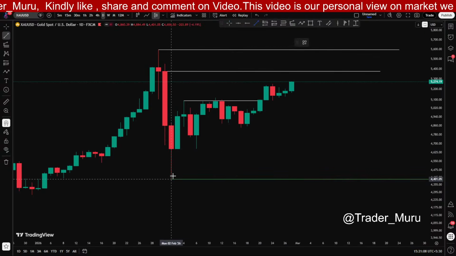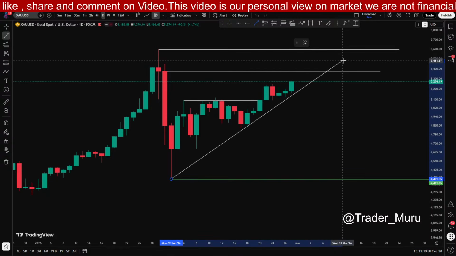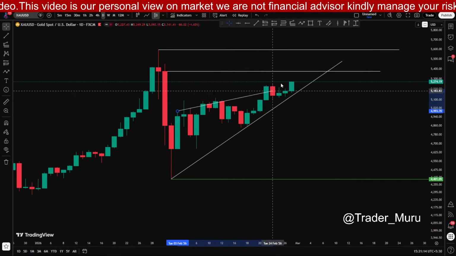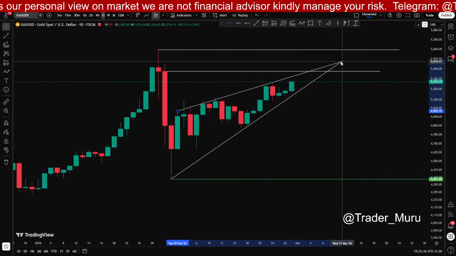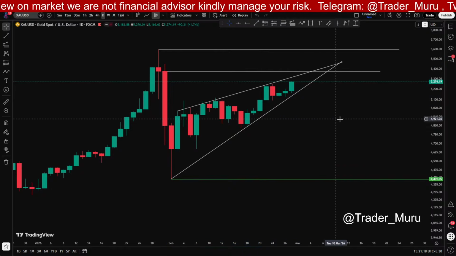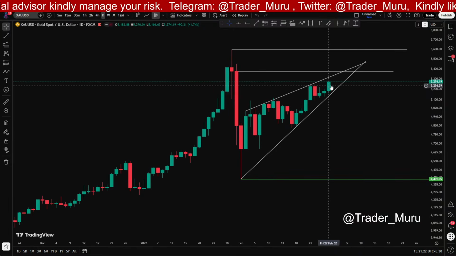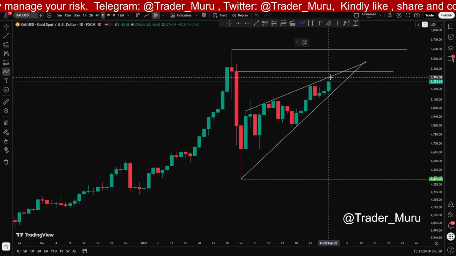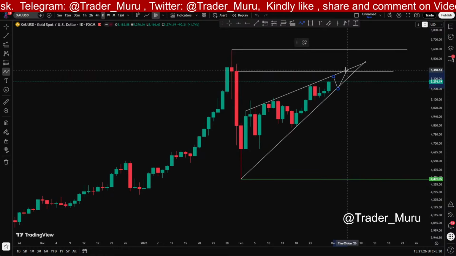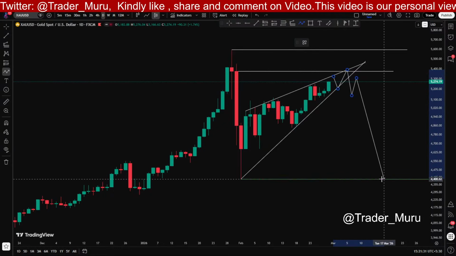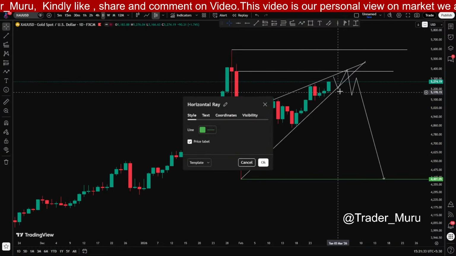And if you see this, market is making a wedge. This is your wedge, rising wedge. Possible we will see a movement like this. So keep this in mind.